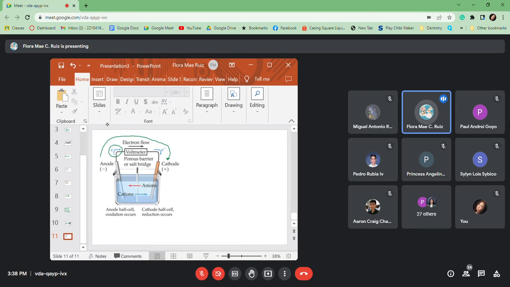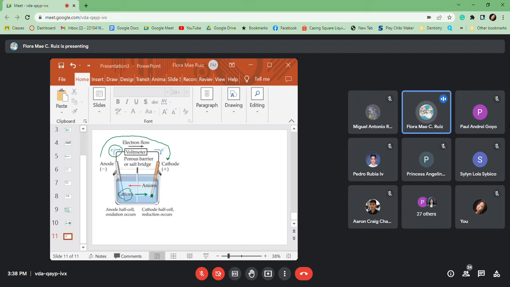So as the electrons reach the cathode, cations in the solution are now attracted to the negative cathode. Okay, since the electrons already reach your cathode, ang mga cations sa solution will gradually be attracted diri sa imuhang cathode na metal. The cations gain electrons and are now deposited as metal sa imuhang cathode.